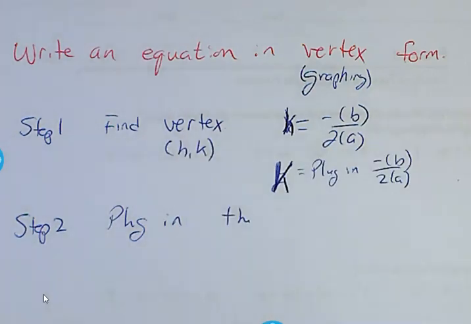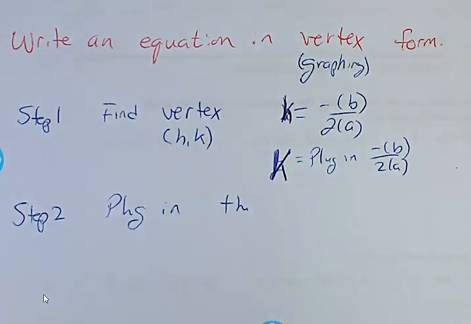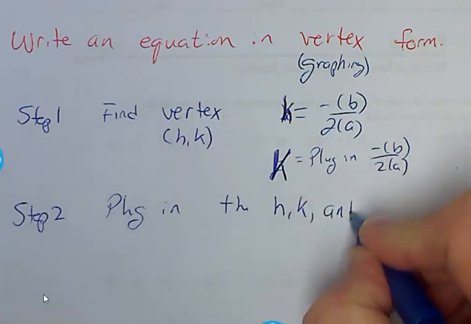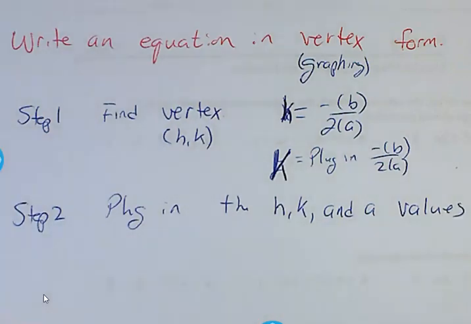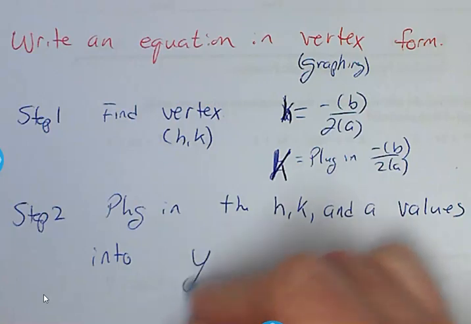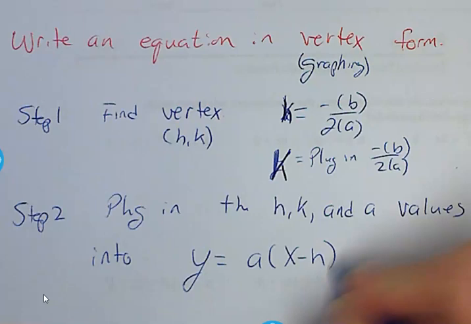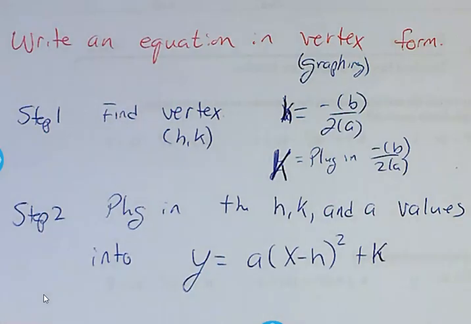Sometimes they'll talk about x and y, but in this case, we're going to make sure it's h and k. You're going to plug in the h, k, and a values into that equation.